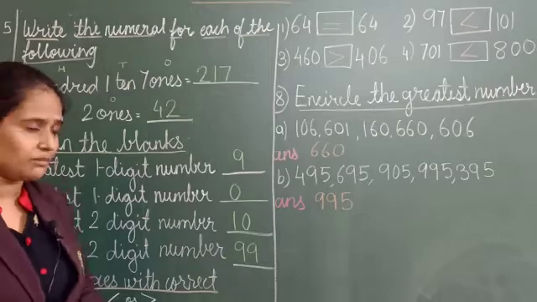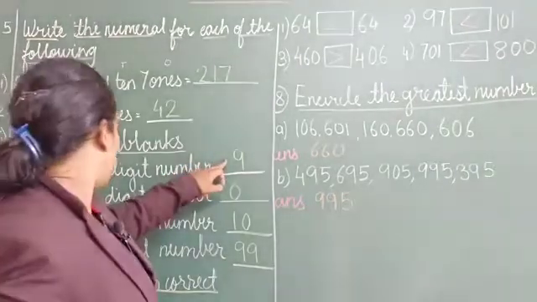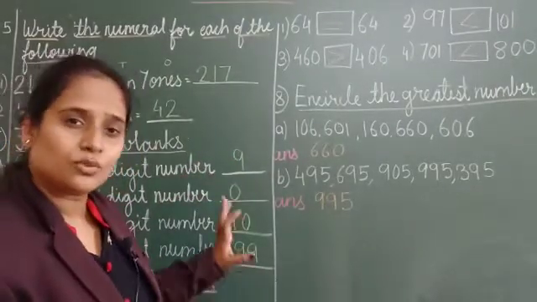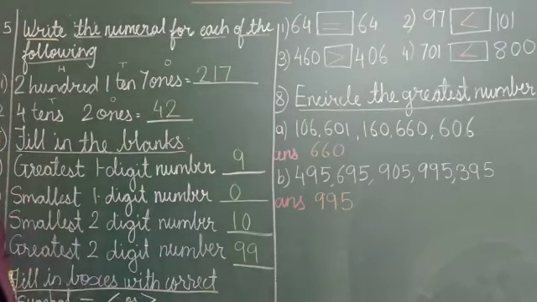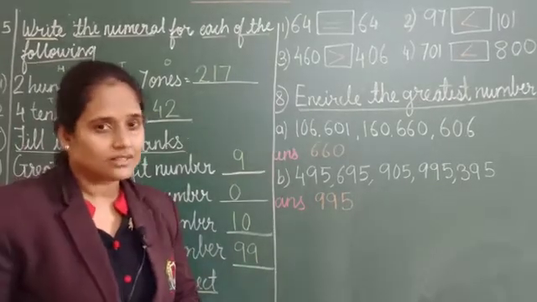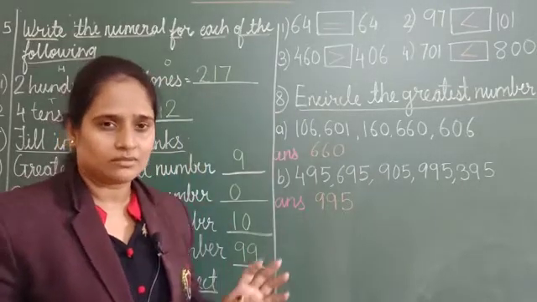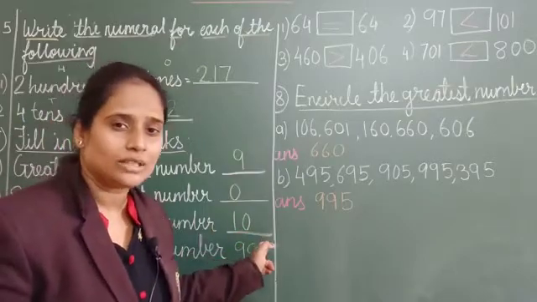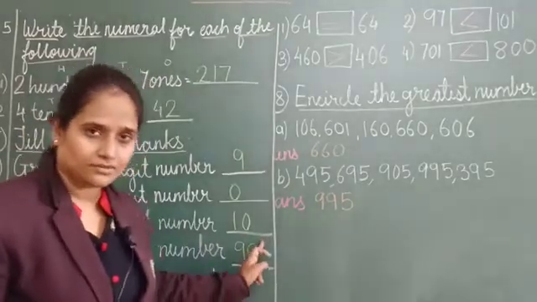If 9 is the greatest single digit number, then 10 will be the smallest two digit number, because if we take 11, that is bigger than 10. If we take 12 or whatever, the smallest two digit number starts from 10. So the smallest two digit number will be 10.